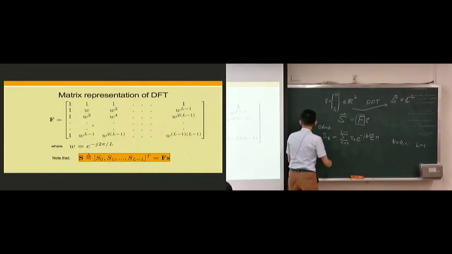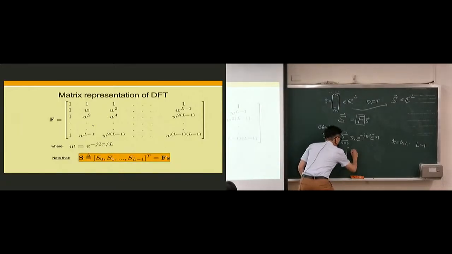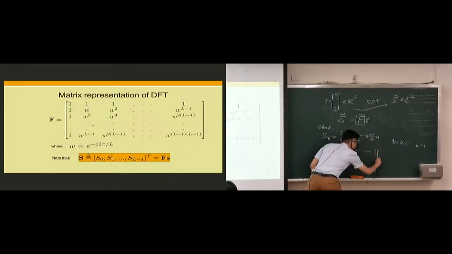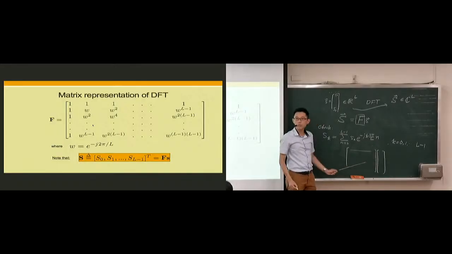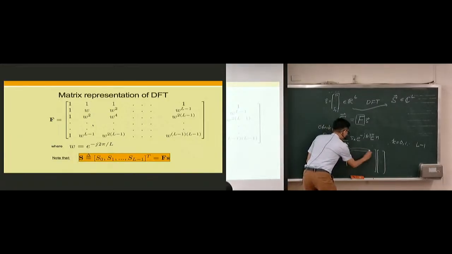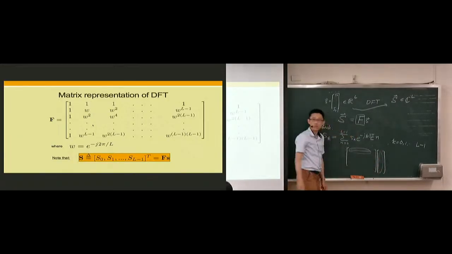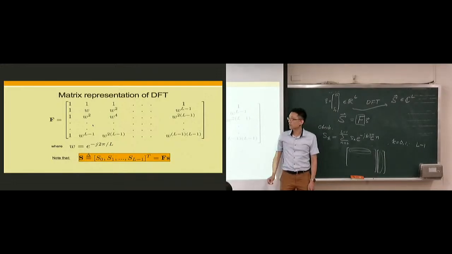So the trick is to notice that when we multiply a column vector with a matrix from the left, we essentially are doing an inner product, right? We're taking the inner product of one row here with the column vector each time. So that's what we are doing. And what is an inner product? An inner product is a summation.